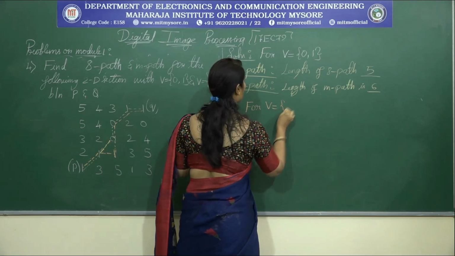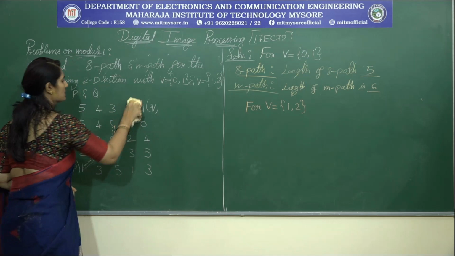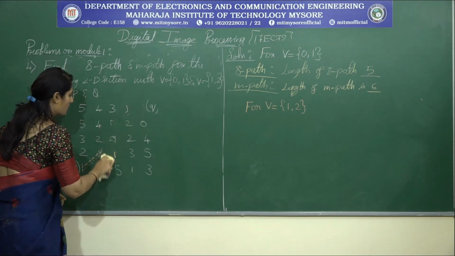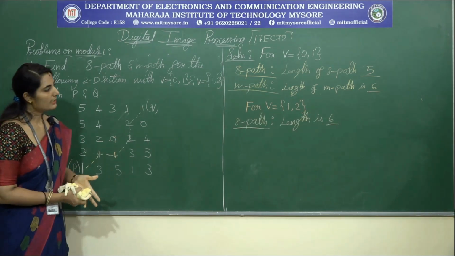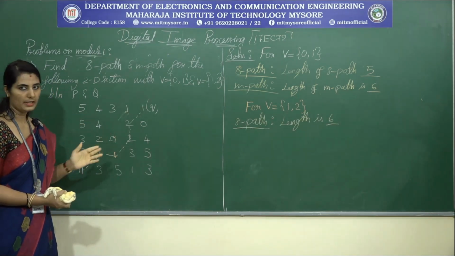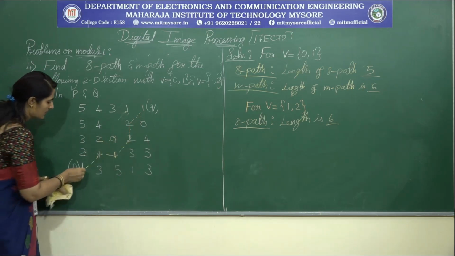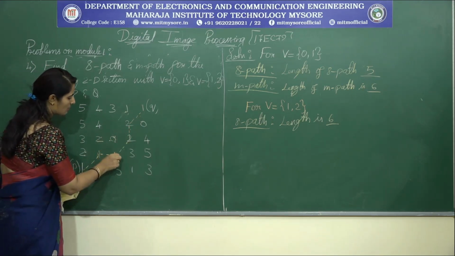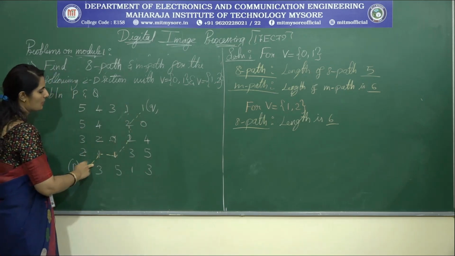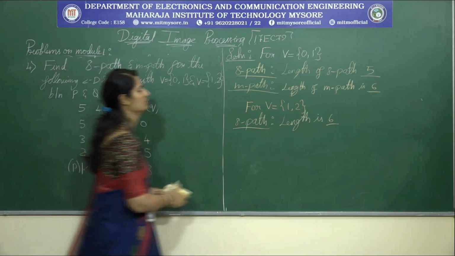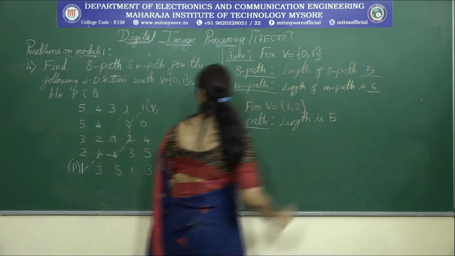Now similarly for V equals 1, 2, I should find out 8 path and M path. In order to find out 8 path between P and Q, I can choose this path, that is 1 to 1, 1 to 1, and 1 to 2, 2 to 2, 2 to 1. So the length is 1, 2, 3, 4, 5. So the length is 5.